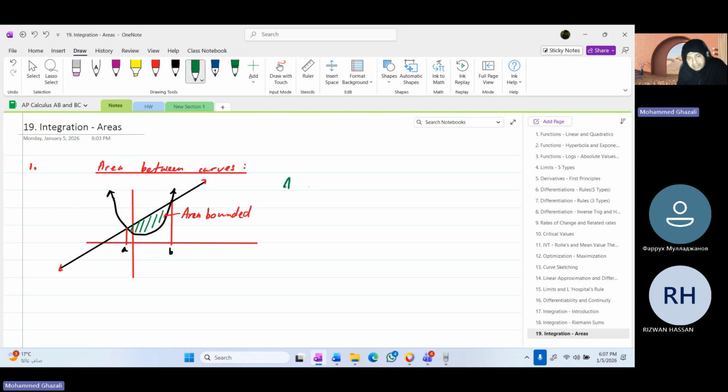So to find the area, we can say integral of y top, the function at the top, minus the function at the bottom, dx with respect to x, from A to B. If I call these two functions f and g, the area is equal to the integral from A to B of f of x minus g of x dx.